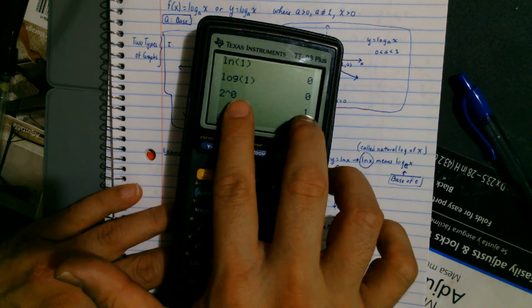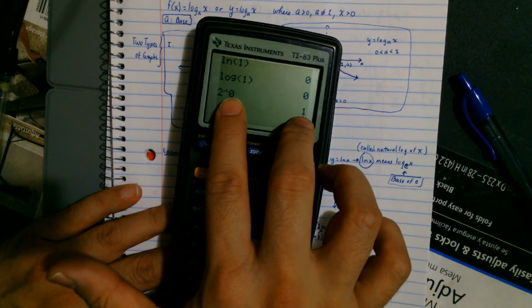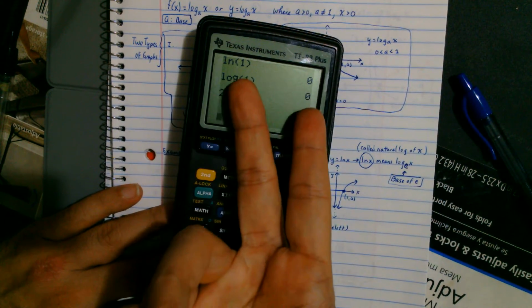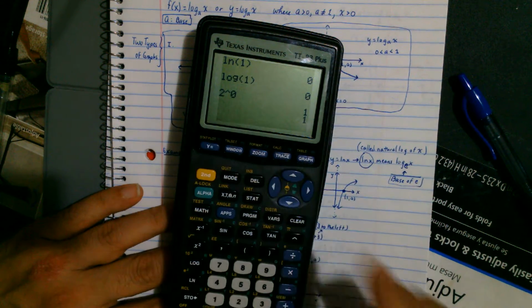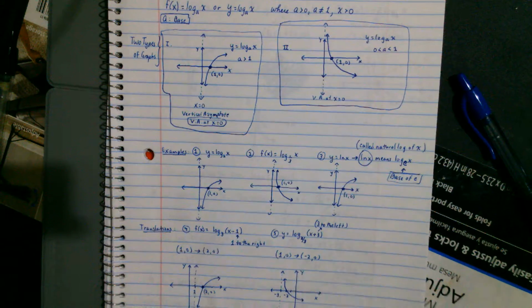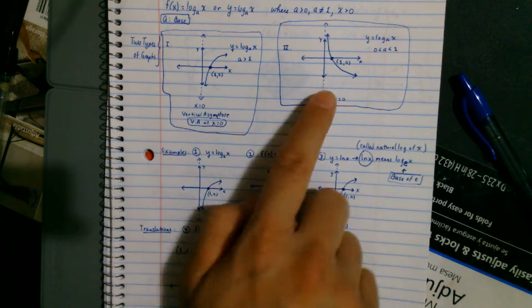Well, that's the point 0, 1 in the previous graph. But remember what the inverse does. The inverse turns it. So log of 1 is 0. It's the actual inverse of an exponent. So logarithm is the inverse of an exponent. That's why the critical point is 1, 0.